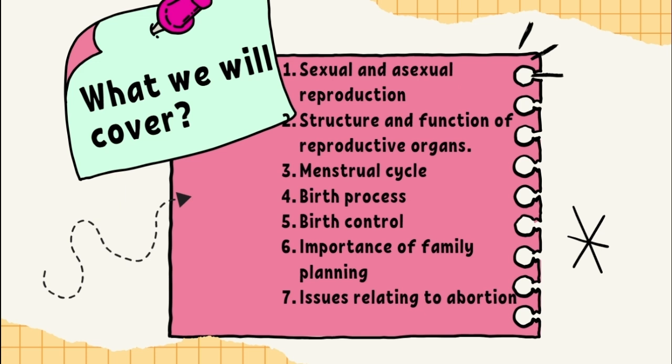Although, the female one I'm going to take up a bit more time because a lot more goes on there. Then you have the menstrual cycle, the birth process, birth control, the importance of family planning, and then the issues relating to abortion. This is just a quick crash course, so we're going to go over everything in a timely manner.